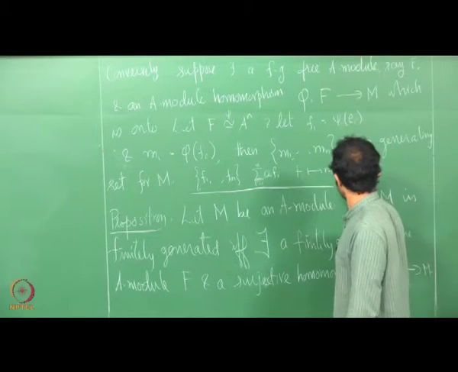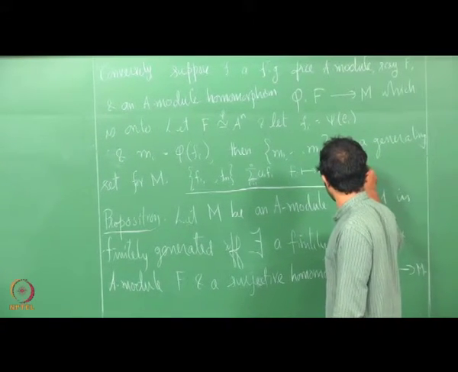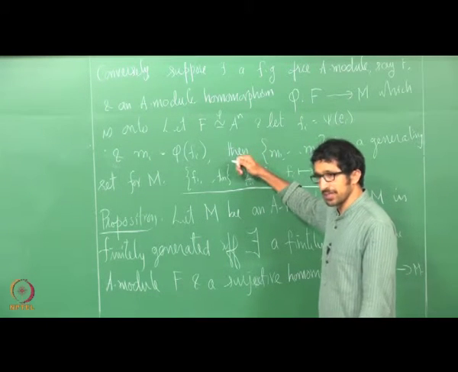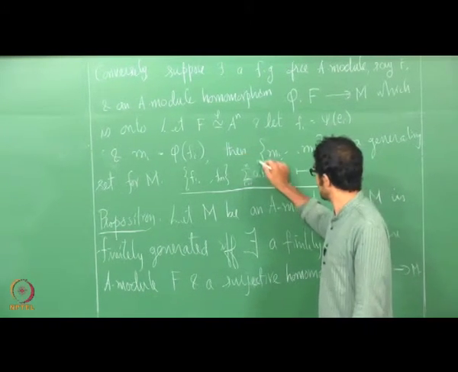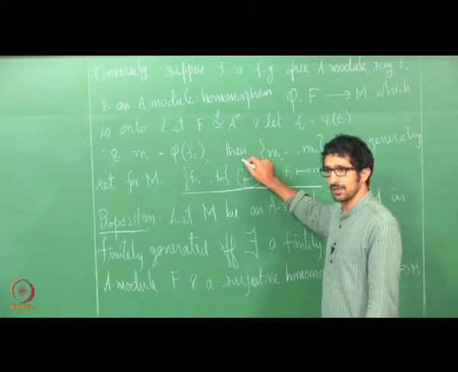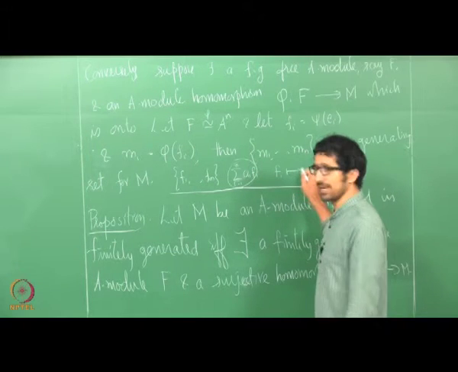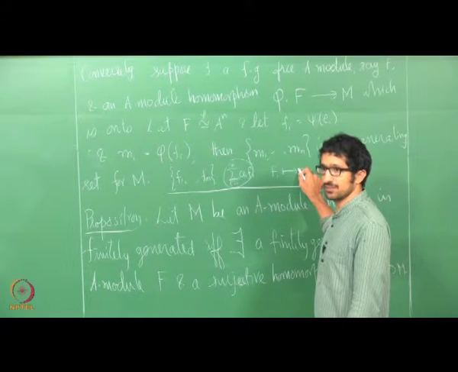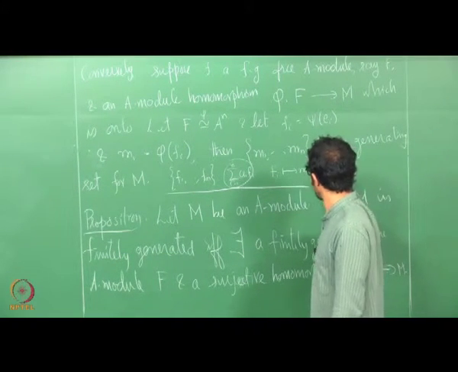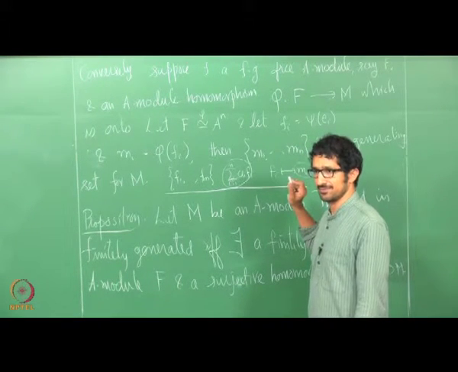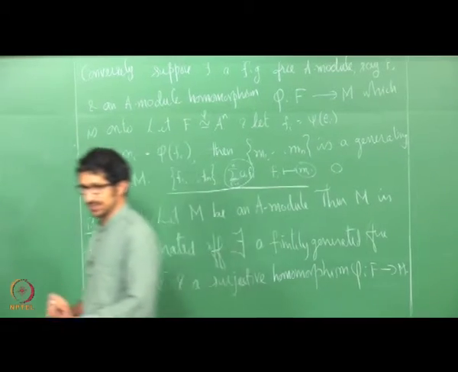If I take any element here in M, look at the pre-image of that, it will be some sigma ai fi. So therefore phi of that will be sigma ai mi. So every element in M is a linear combination of m1 up to mn. Therefore it is finitely generated.